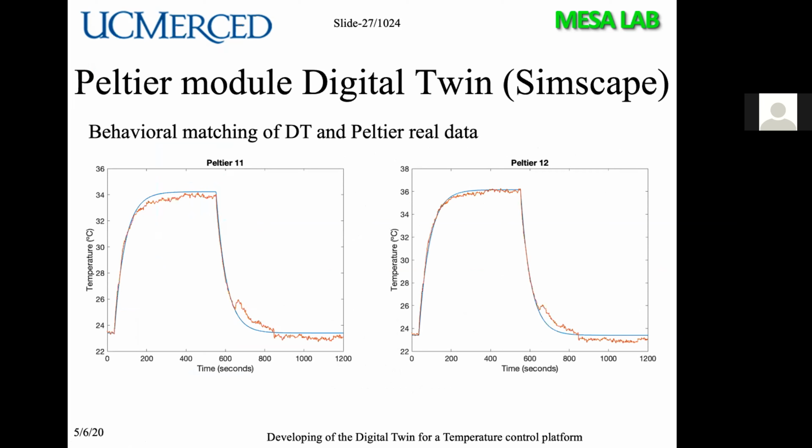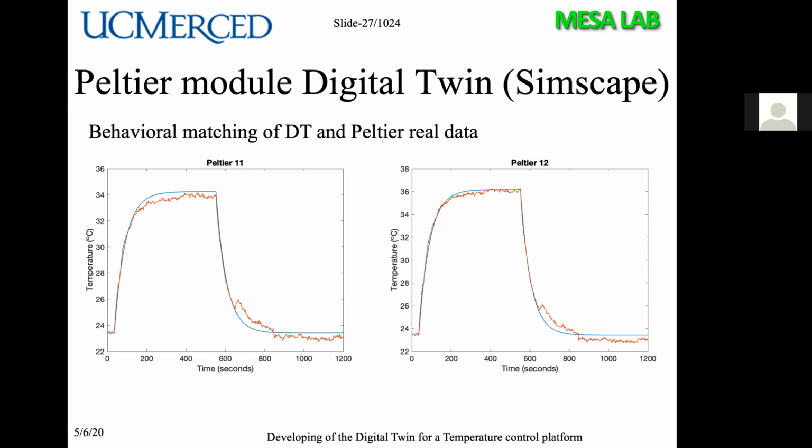And this was the result for the first and second Peltier in the first row. So with this result, we can continue adding the other Peltiers to simulate the whole system, including the 16 Peltiers.